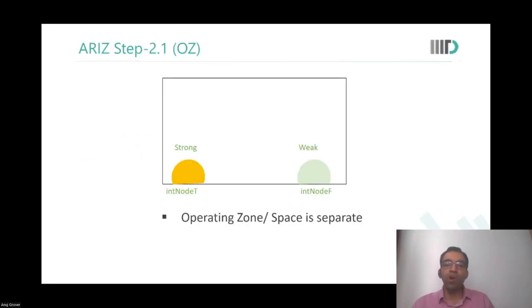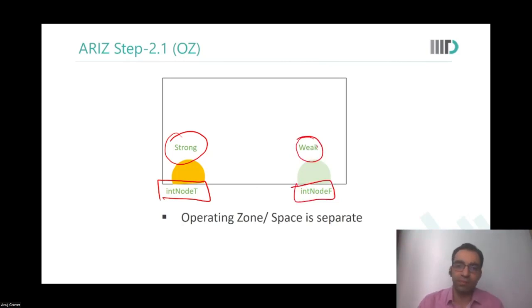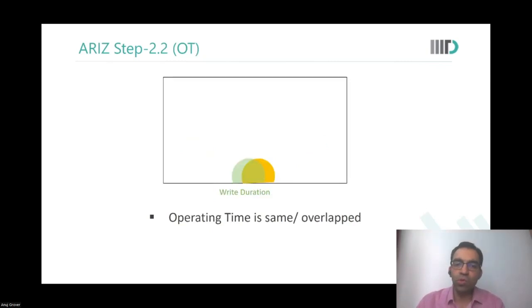We look at if the operating zone and space is different. Yes, they are different. For int node T, the requirement is that the pull-up should be strong. For int node F, the requirement is pull-up should be weak. What about time? Oh, the time is the write duration when we are trying to write into the memory cell.